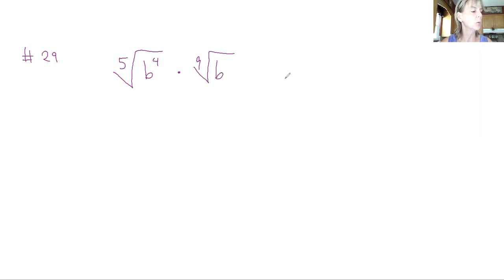Okay, so I do believe, oh yeah, the instructions for this one and the next one say use rational exponents to simplify.